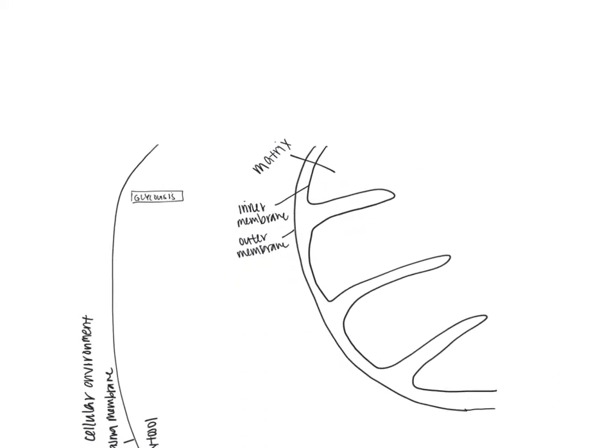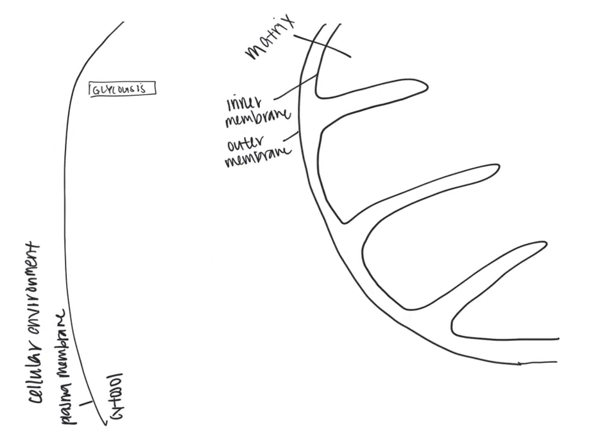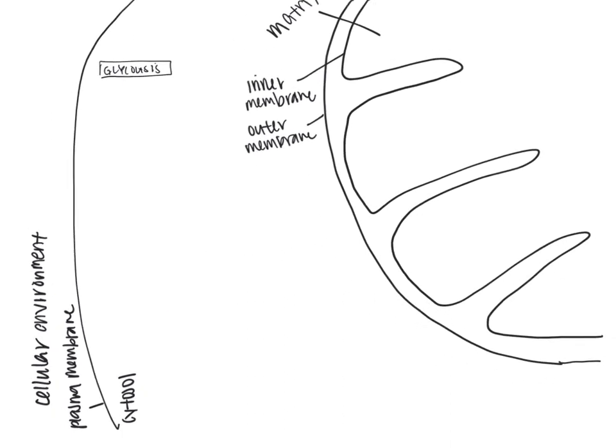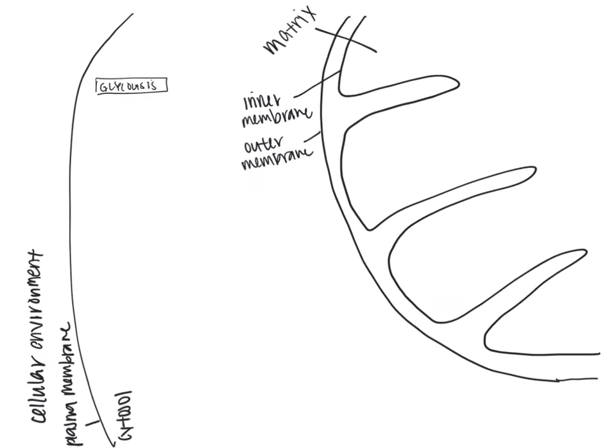All right, so when we're undergoing the processes of cellular respiration, we are going to have glycolysis occurring here in the cytosol. As you can see here, cytosol, this is where glycolysis is going to occur. I'm going to draw a square indicating where the Krebs cycle is going to occur, and that's in the matrix here.